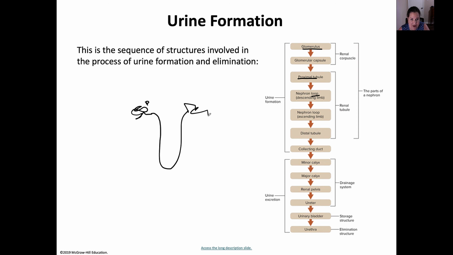And here we have the distal tubule. And this is the loop. The loop actually has a descending part, going down, and an ascending part, going up. So filtrate goes from the glomerulus to the proximal tubule, to the descending, to the ascending, to the distal tubule.